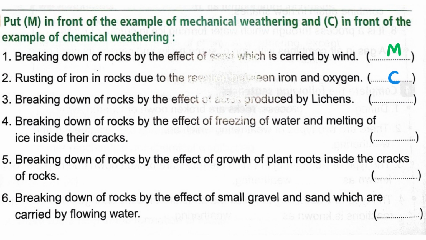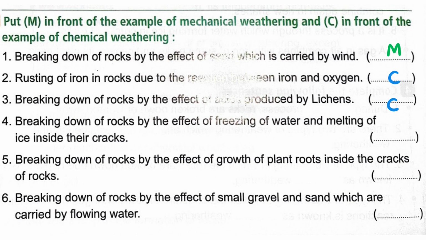We will go to the next one. Breaking down of rocks by the effect of acids produced by lichens. So here, these acids, as we studied, react with the minerals and cause the dissolving of minerals. So this is chemical weathering, yes? So here we will put C.